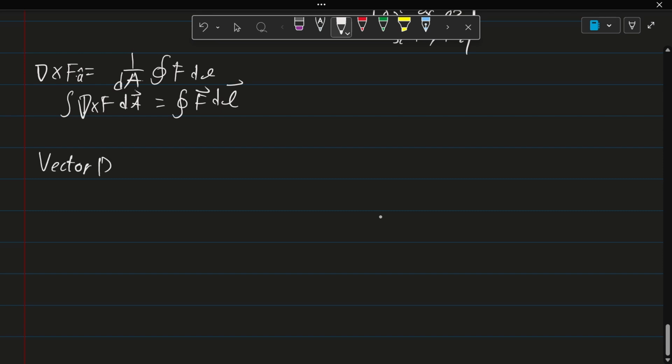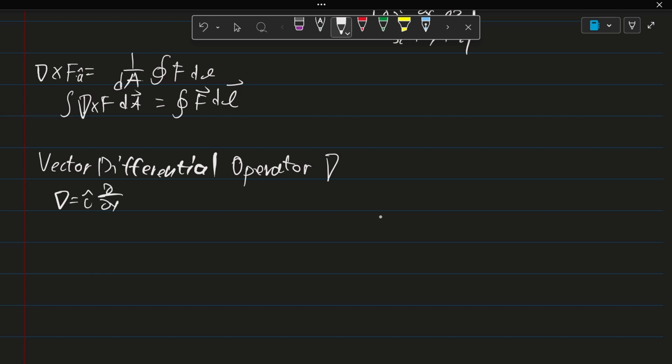We can finally talk about what is the vector differential operator. We normally denote this to be the inverted triangle, or we call it nabla, or del. So del here is defined to be i hat partial over partial x, j hat partial over partial y, and k hat partial over partial z.